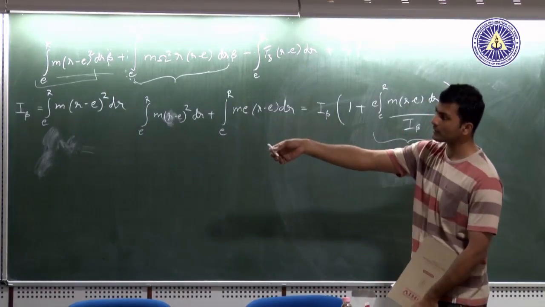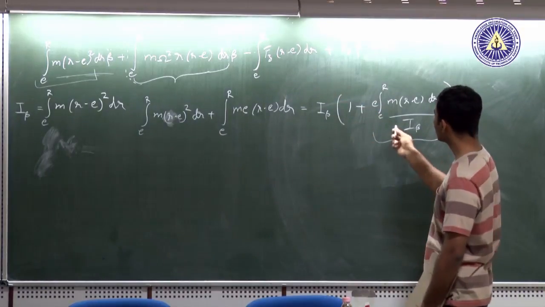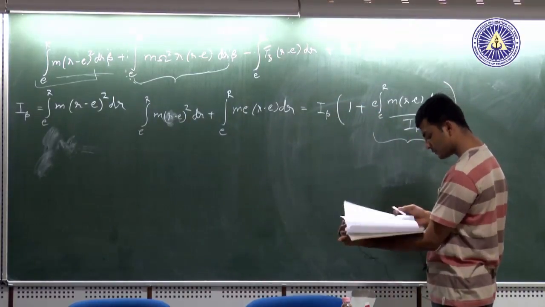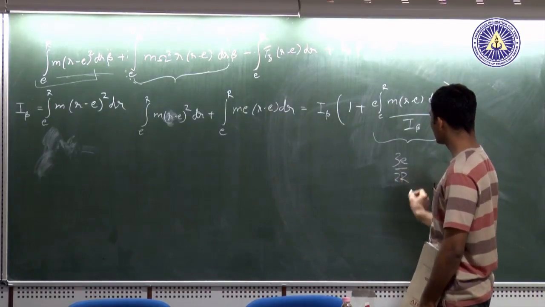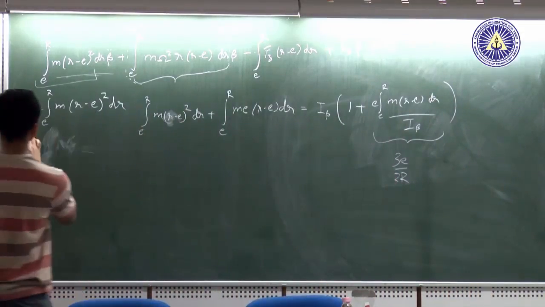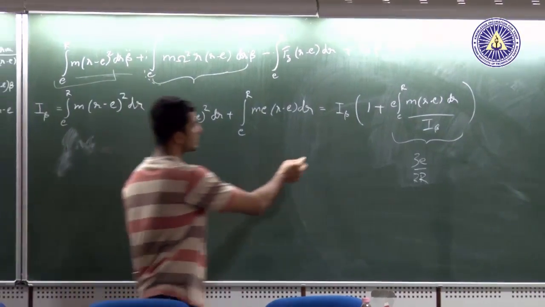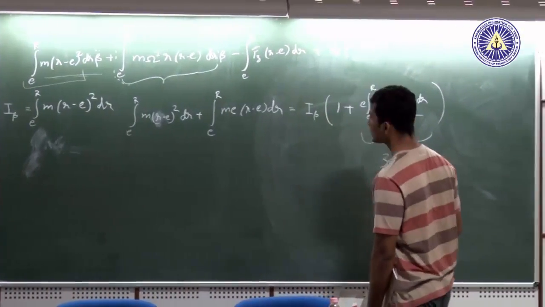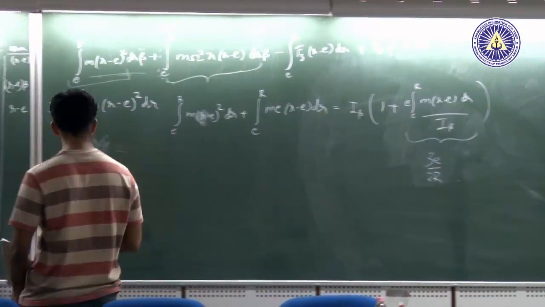For this particular assumption that we have a rigid blade flapping, this term reduces to 3 by 2R. This is 3 by 2R. So after making these substitutions, I_beta and then I_beta into 1 plus 3 by 2R, this whole equation reduces to this form.